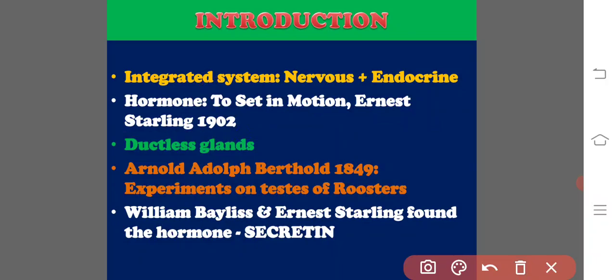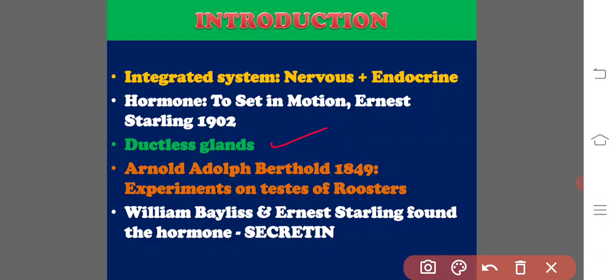In general, the endocrine glands, due to the absence of ducts, are called the ductless glands. These ductless glands secrete their secretions, namely hormones, directly into the bloodstream.